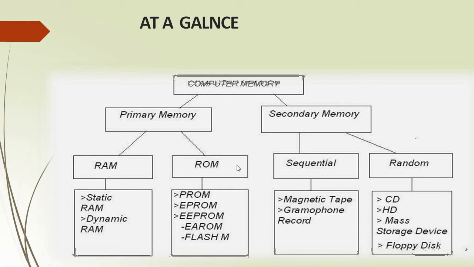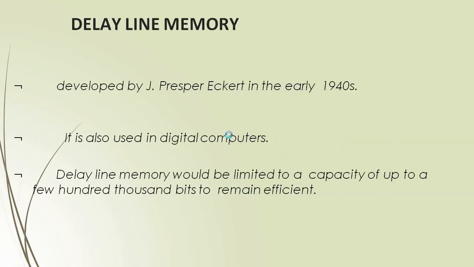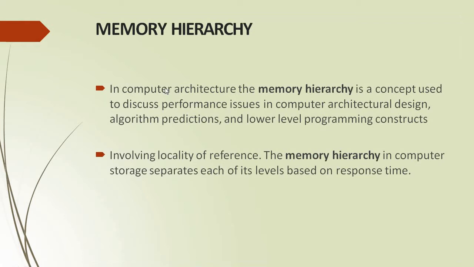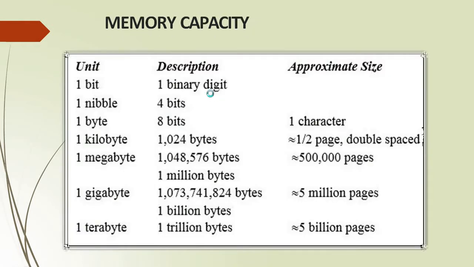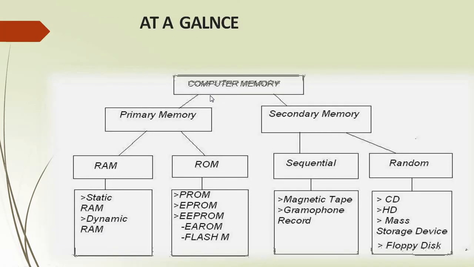So, at a glance. Now we will move on to the different hierarchy classifications. Next is the computer memory hierarchies. But before that, at the end of history, we will see a little description about the memory.